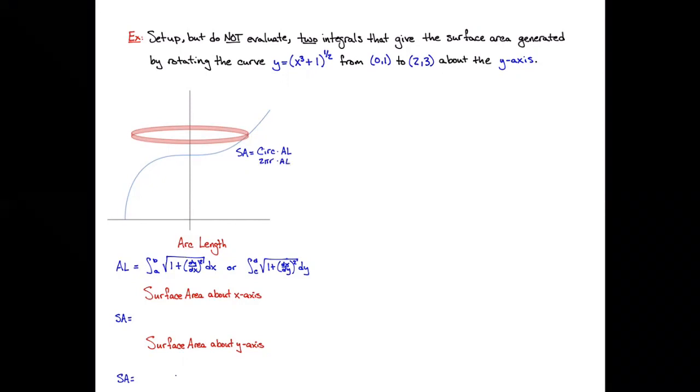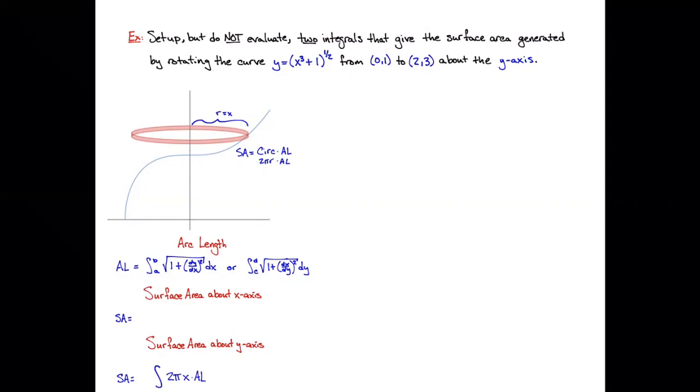In this case, when you're rotating about the y-axis, your radius is x. And so going down to my formula, for the surface area about the y-axis, I want the integral of 2 pi x times arc length.